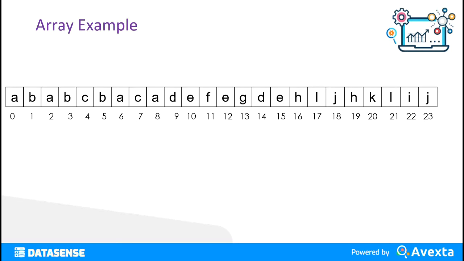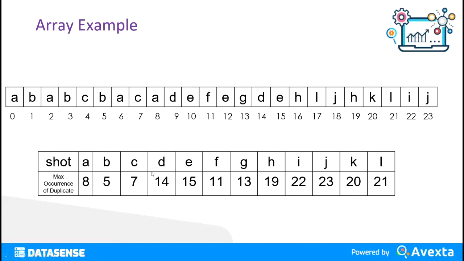So if we take a look at this array here, last time we were able to find where the max duplicate occurs, right? We know that for shot A, the max occurrence of the duplicate is at element 8, and then for shot B, the max occurrence of duplicate is 5.